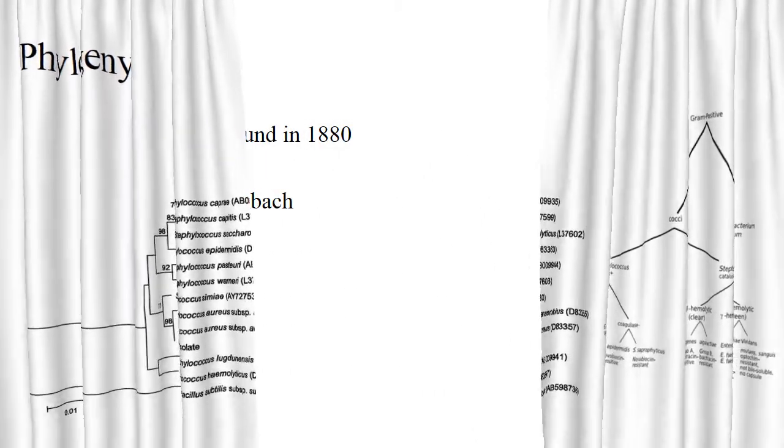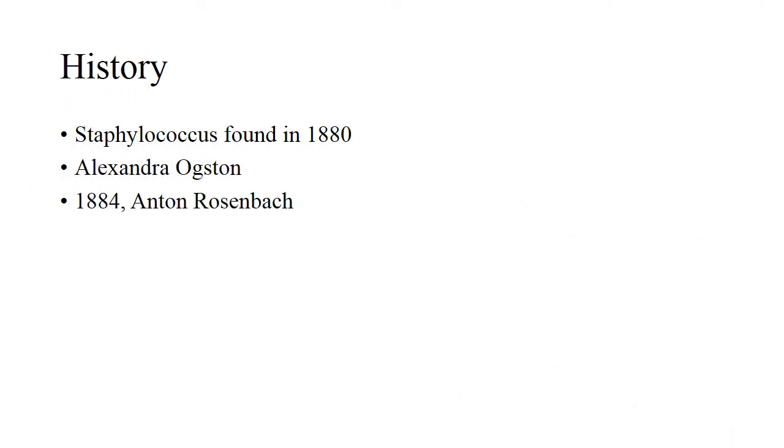Now, the history. Staphylococcus was first identified in 1880 in Aberdeen, United Kingdom, by a surgeon named Sir Alexander Ogston. It was found in the pus from a surgical abscess in a knee joint.